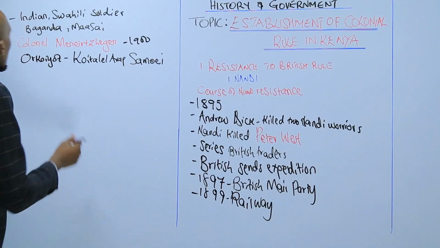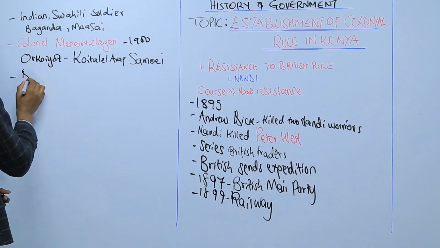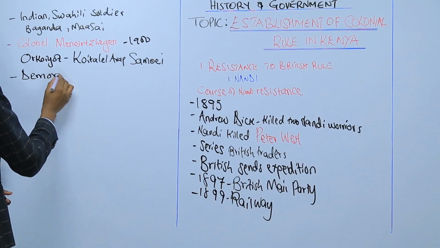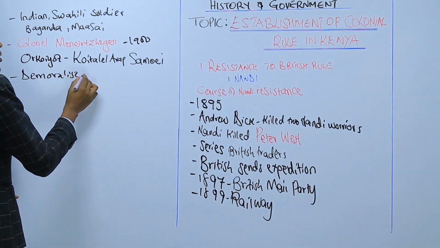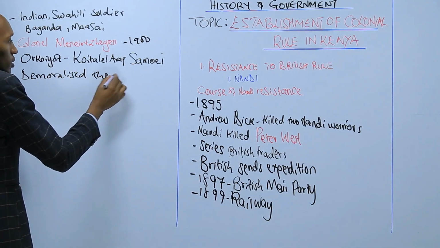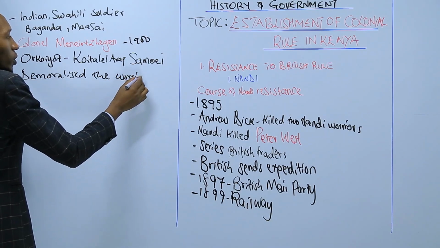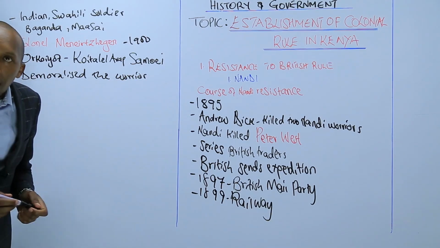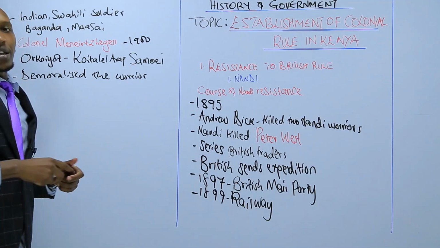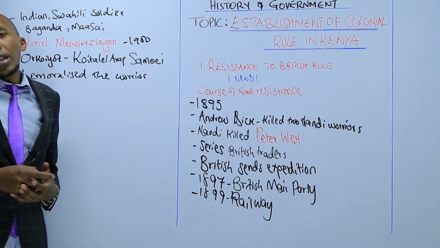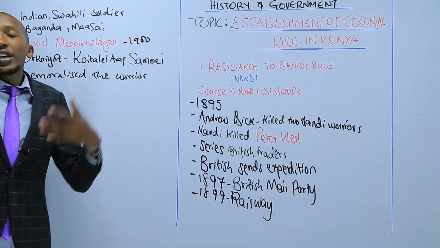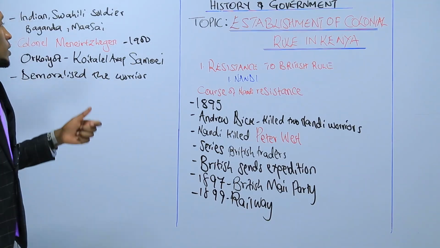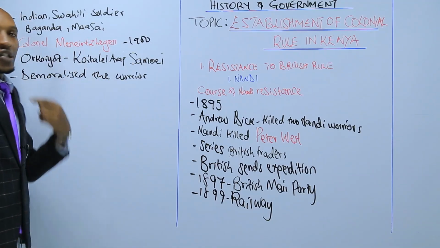So it demoralized the warriors who were fighting, because now the leader, the centerpiece, the cornerstone of their resistance had been captured and executed. And that was the strategy of this colonel.